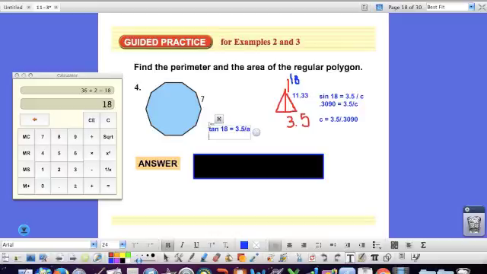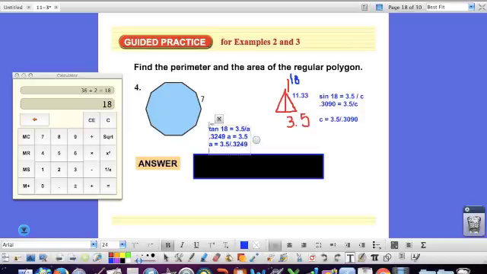In my calculator, the tangent of 18 is 0.3249, so A times 0.3249 will equal 3.5, which means A is going to equal 3.5 divided by 0.3249.